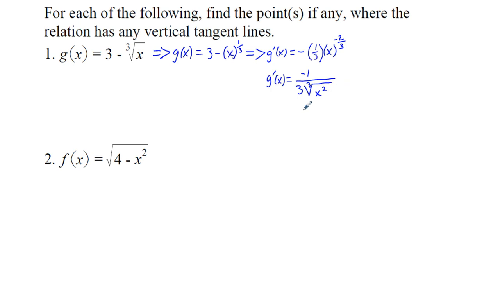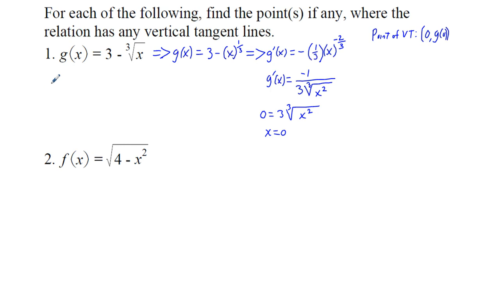Now, setting the derivative's denominator equal to 0, we say 0 is equal to 3 times the cube root of x squared. We should be able to unbundle this pretty quickly and see that x is going to be equal to 0. And so our point of vertical tangency is going to be the coordinate pair 0 comma g of 0.